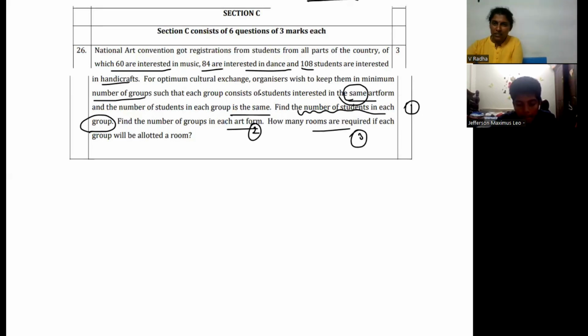This is a keyword: minimum number of groups.